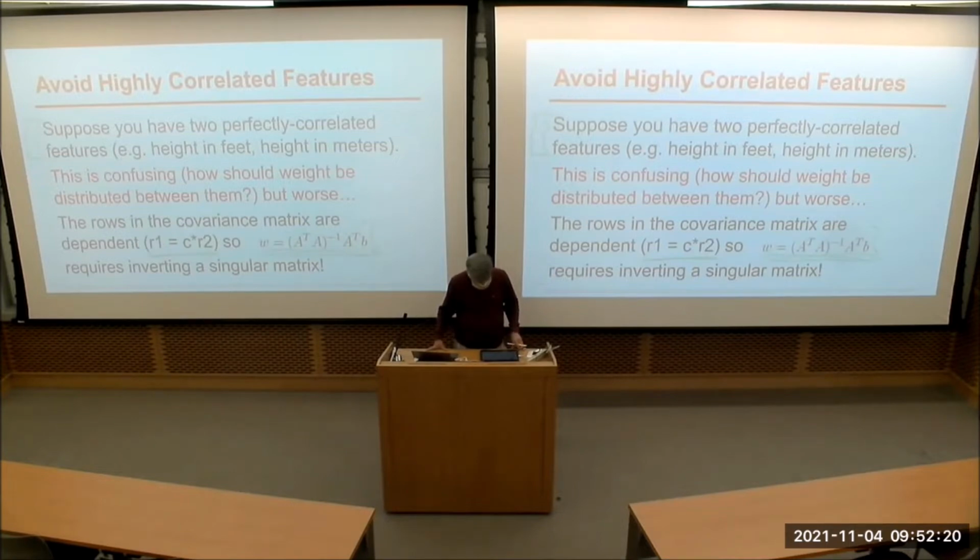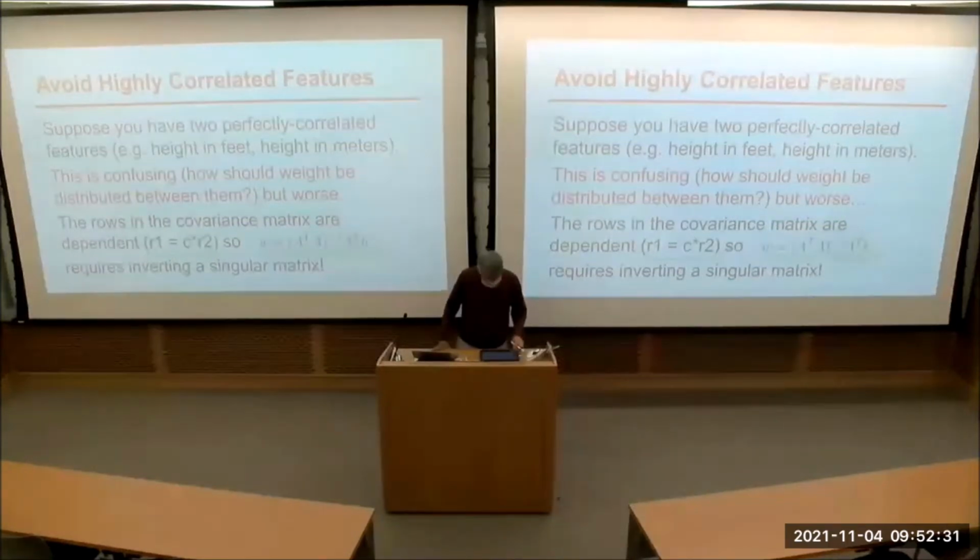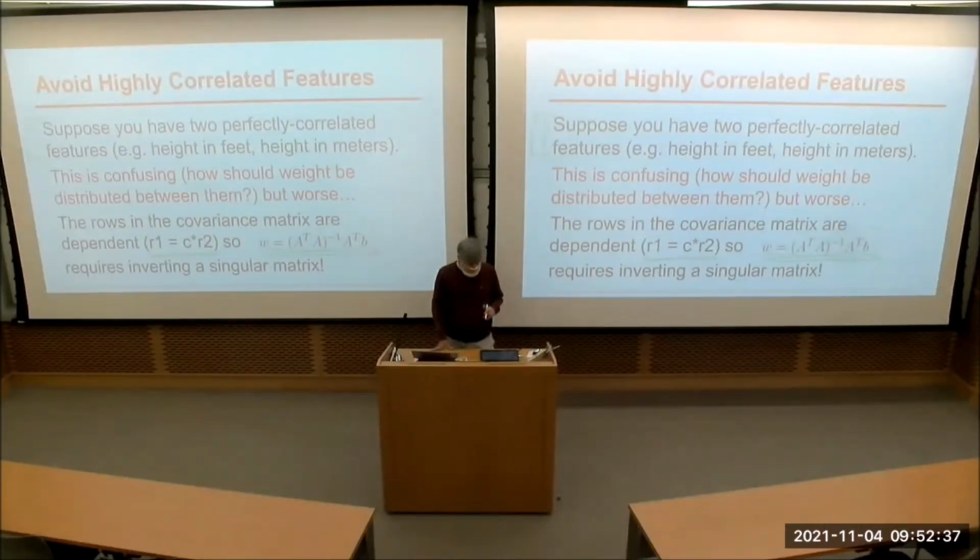You may find that suddenly your regression is going to crash because the inversion no longer works. So that's one problem with having two identically correlated features. But there are other problems, even beyond that.